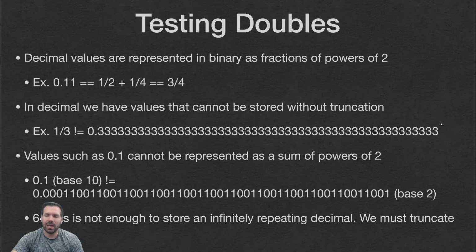At some point, we have to stop writing threes and truncate the value. So what we have here isn't exactly 1/3. It's pretty close to 1/3, but it's not exactly 1/3. And of course, in math class, we would write 0.3 with a bar over it to represent 3 repeating. But to get it exactly, we have to use a fraction, 1/3.